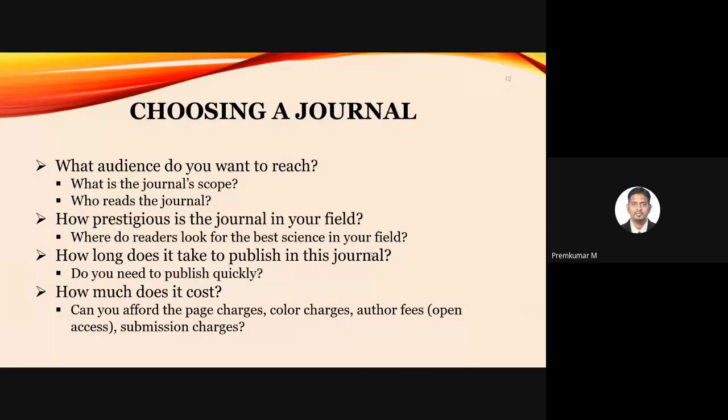Subscription based journals have many restrictions. But when we go with open access journals, you may have to pay lakhs of rupees as an open access fee. Check before submitting your paper to that journal whether the article processing charge is affordable by you or not. If it is affordable, you go for it, or else you go for a subscription based journal.